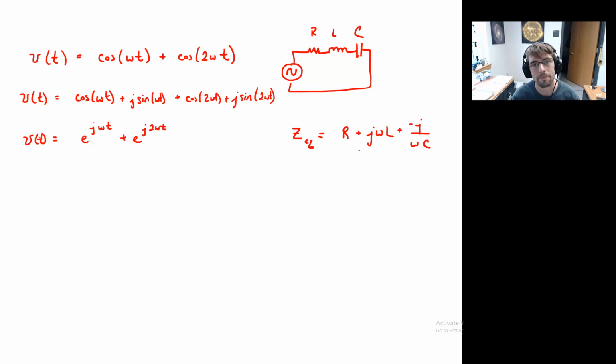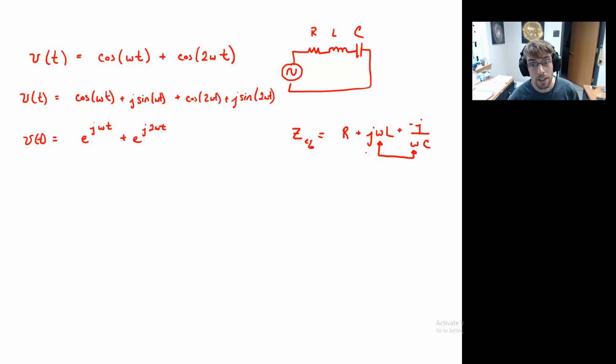And here I need to be careful. Notice that I have omega occurring in my expressions. What does this mean? Well, if I have different omegas, my impedance changes. In other words, the impedance is a function of the frequency.